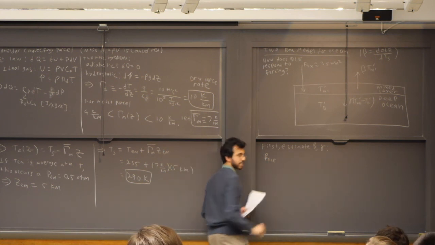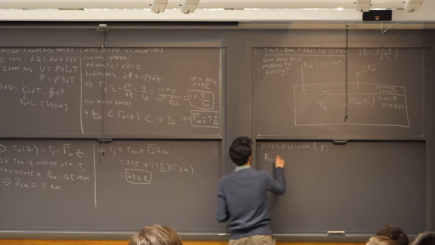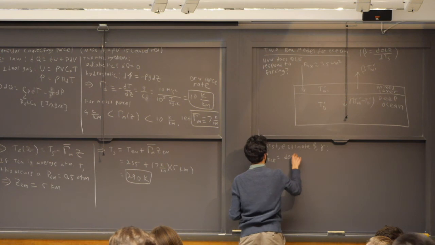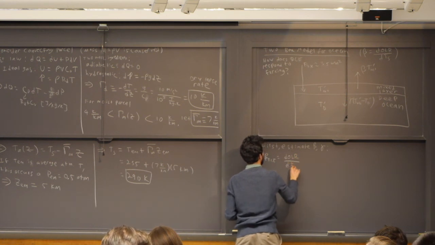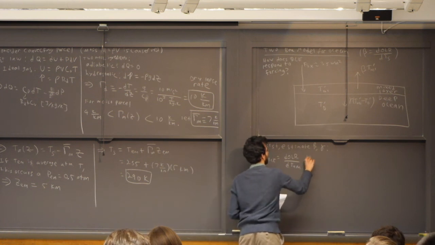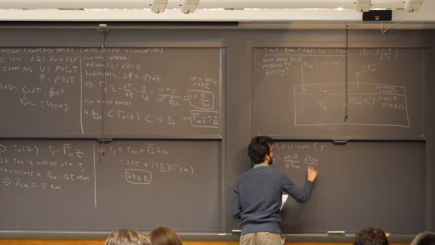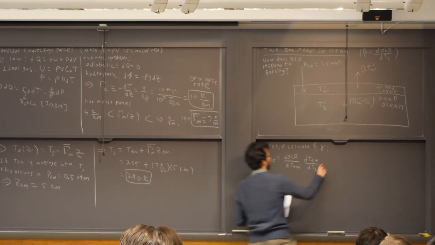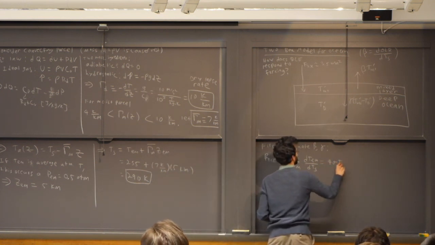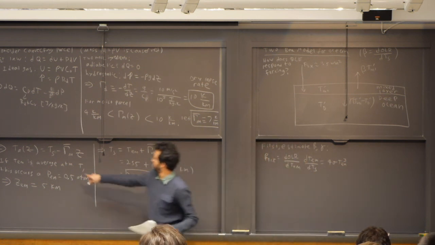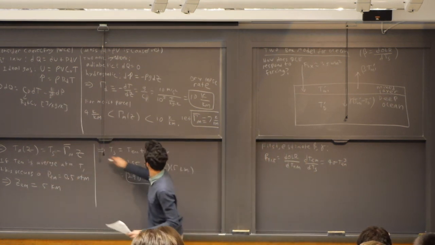So using our simple RCE model, this is the derivative of OLR with respect to surface temperature, but I'll use the chain rule from calculus and write that as the derivative of OLR with respect to the emission temperature times the derivative of the emission temperature with respect to the surface temperature. But this is 4 sigma T emission cubed, and this is just 1, by this equation.